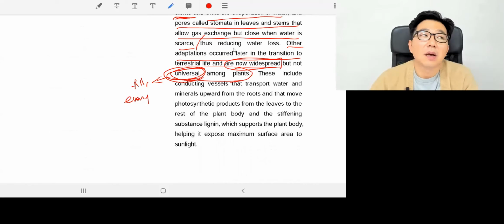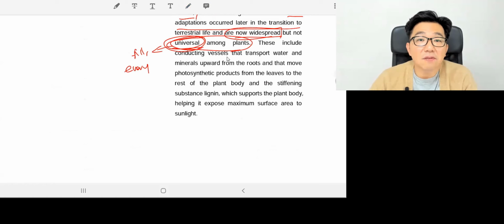Most of them have roots, stems, and leaves, and a waxy cover on the leaves. These are the adaptations, the evolution to overcome the challenging conditions of the land to survive as land plants.